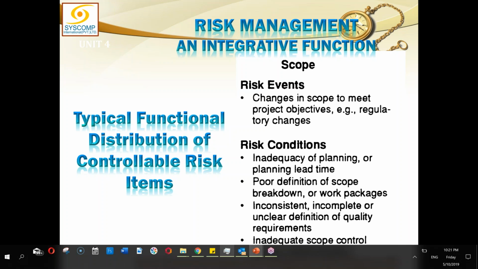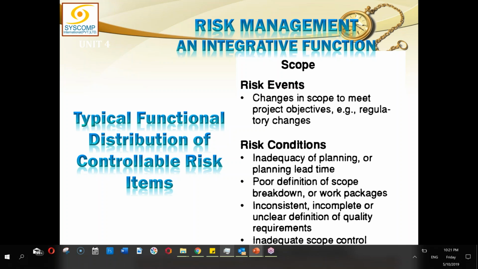There is a lot of pressure from the stakeholder to change the scope all the time. Whether by hook or crook, they will try to bring in their changes into the scope, and they will expect you to be behaving normally. And they think that everything can be done in the same way, in the same budget, in the same time, even if the scope has been changed. So you have to understand these risk conditions.